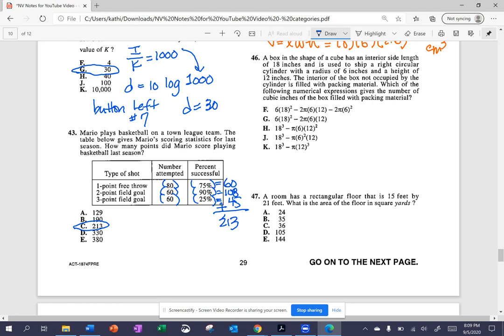Which of the following numerical expressions gives the number of cubic inches of the box filled with packing material? So the volume of the packing material is equal to the volume of the cube minus the volume of the cylinder.